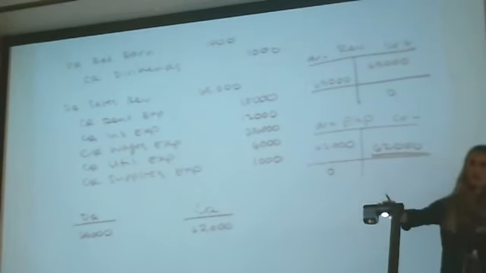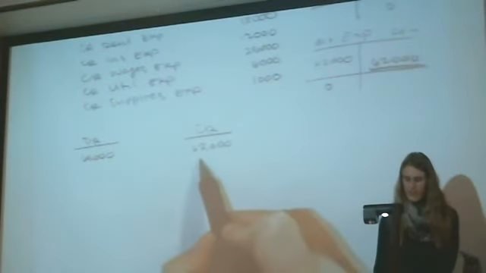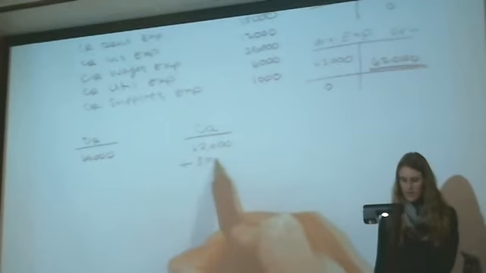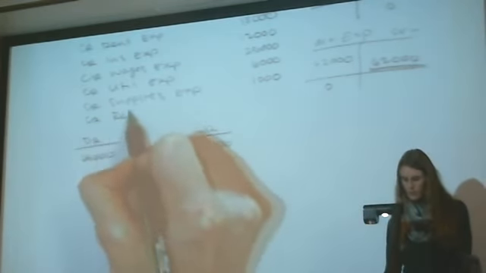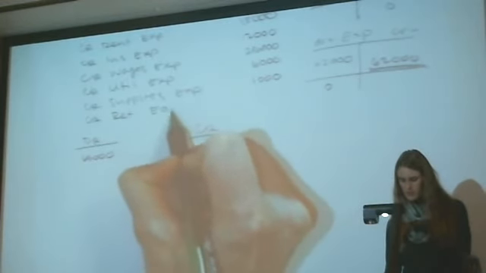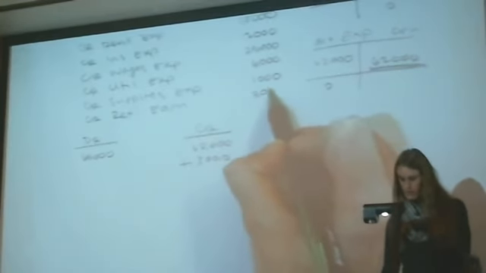That's not allowed. How do we get them to equal? We need 3,000 on the credit side. Retained earnings is always your plug in this case. So if we need a credit for $3,000, we credit retained earnings for $3,000.